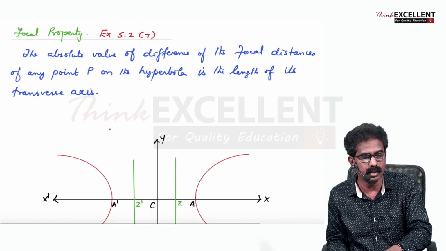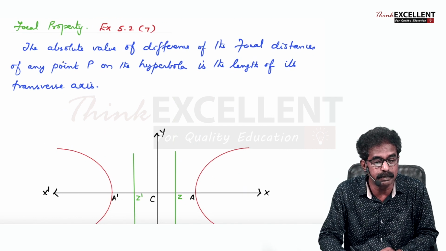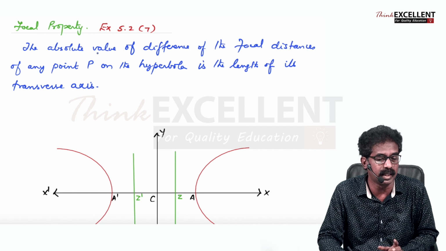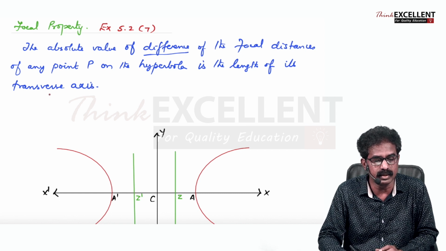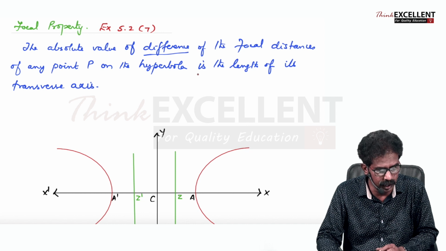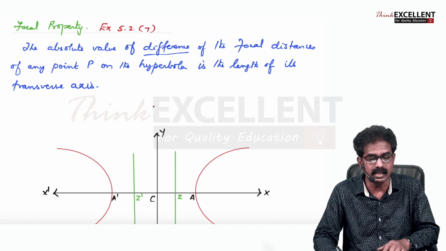Now let us go for the focal property. The statement you also study: the absolute value, I already explained why we write the absolute value of the difference. In an ellipse it is the sum, but here it is the difference. The difference of focal distances of any point P on the hyperbola is the length of its transverse axis.